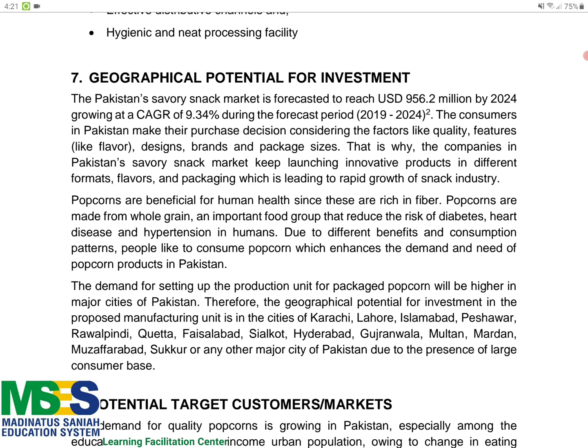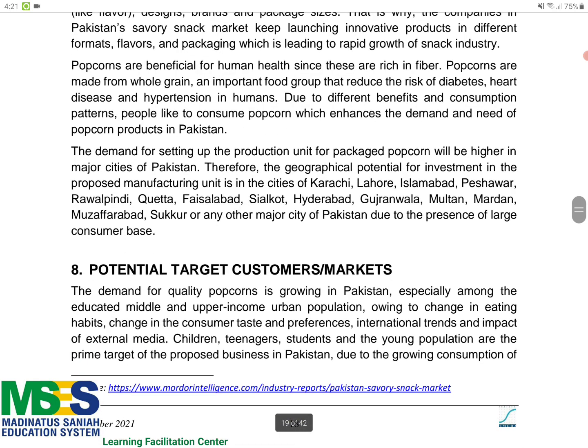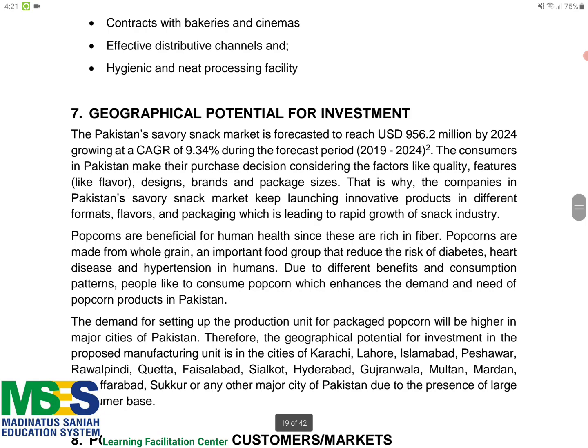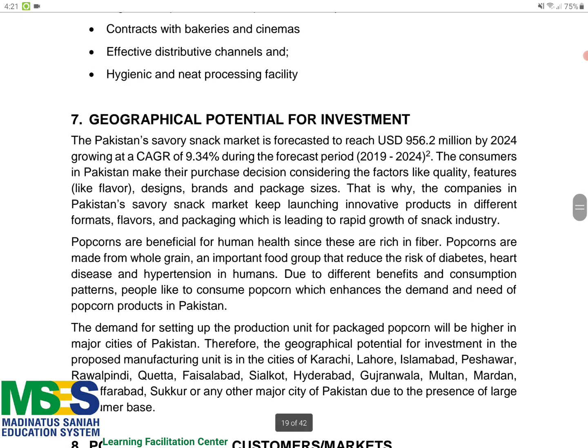So if you look at the geographical potential, Pakistan's snack market has reached how many million? 956.2 million.